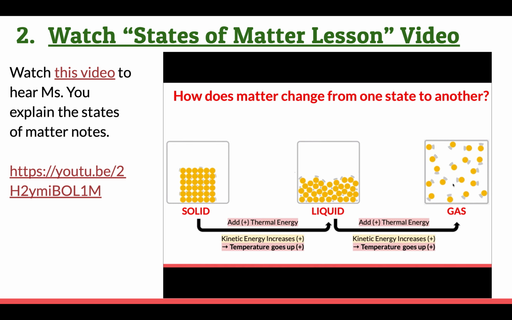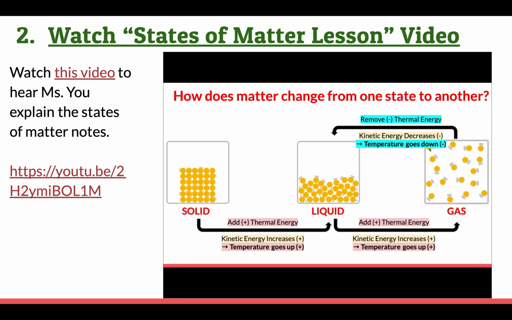Now, how about going the other way? How can we go from a gas to a liquid? Well, it has to be the opposite of adding thermal energy. If you want it to go from a gas to a liquid, then these particles need to slow down. You want to make these particles move less and less so that they can start to get close together again. Well, how can you make them move less? You have to remove thermal energy.